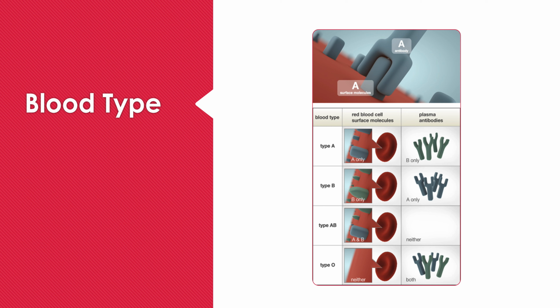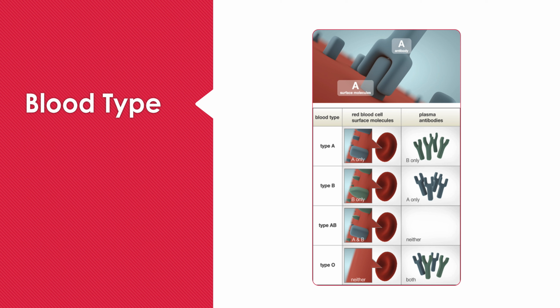And in the plasma, you have antibodies that float around. Whatever blood type you have, the opposite type of antibodies are ready to attack non-compatible blood if it were to be introduced to your body.